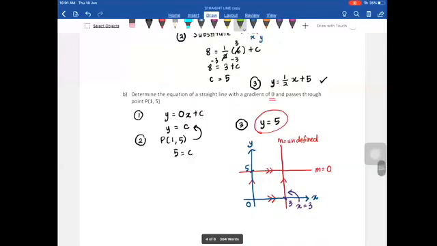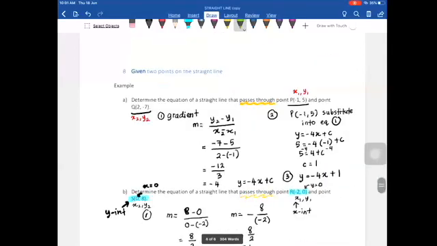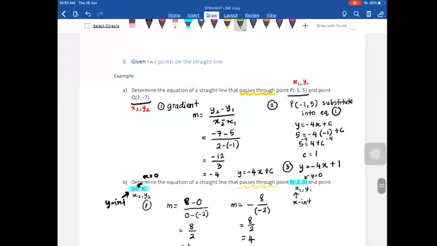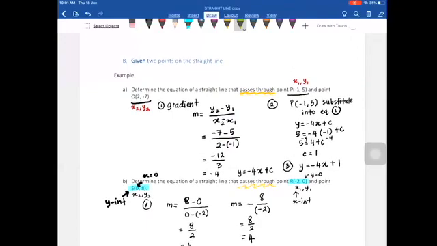Untuk yang kedua, sekiranya given to you 2 points, kamu kena cari gradient menggunakan formula of gradient. Ada dua formula. Sama ada you use x-intercept, y-intercept ataupun kita guna horizontal vertical line lah formula ni.